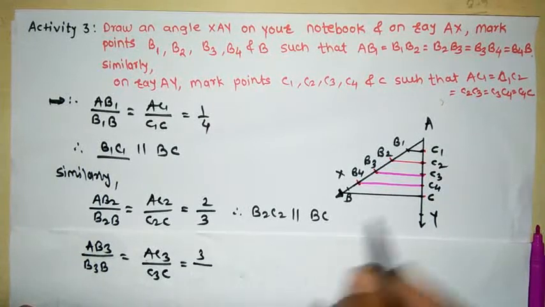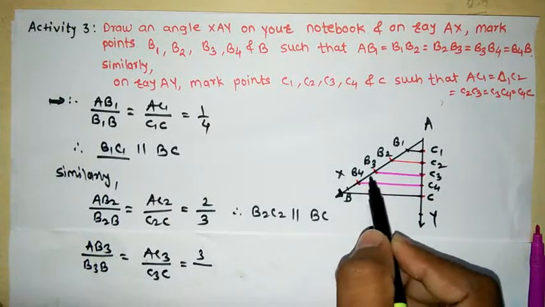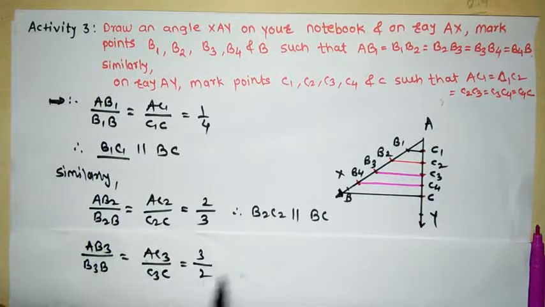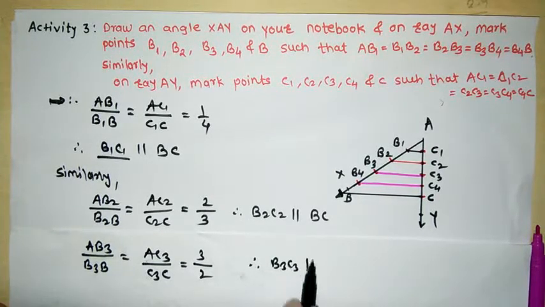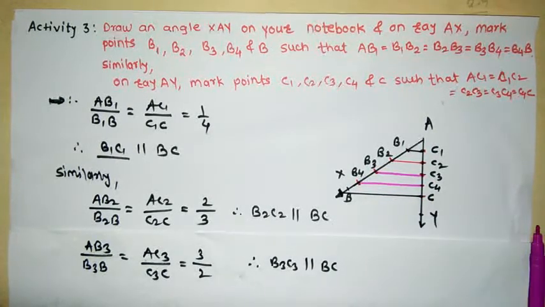It is 3 divided by B3 to B, 1, 2 parts. Therefore 3 by 2. And you can also check for C3C. You will get 3 by 2 only. Therefore, B3C3 is parallel to BC. You can check the corresponding angles also. You will get the same answer.